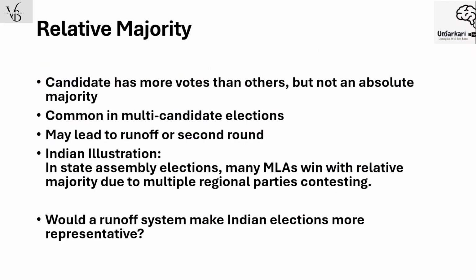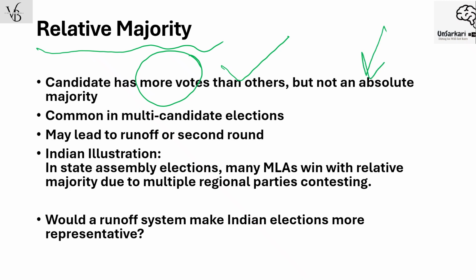Coming to the next term, relative majority. A candidate has more votes than others, but not an absolute majority. It is a common sight in multi-candidate elections. It may lead to a runoff, then the first round is done and the second round comes up.